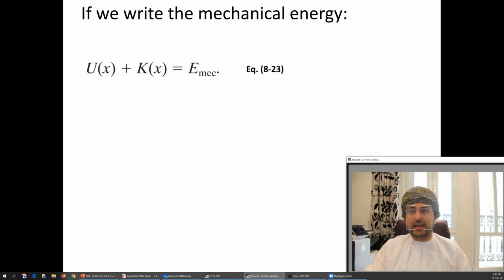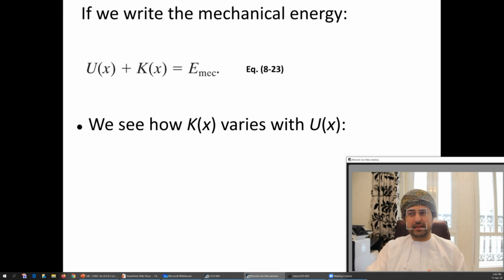What if we write the mechanical energy? Mechanical energy is the total energy of a system if it has potential and kinetic energy. So we add the two up, we have our total mechanical energy. Now let's take a look at how the kinetic portion of this mechanical energy varies with the potential.